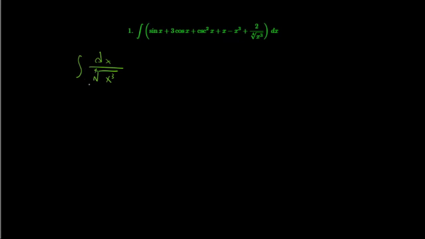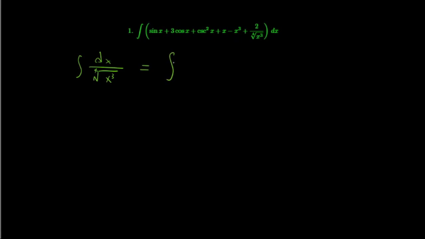The integral is in the nature that we need to use the power rule. The power rule is for handling the indefinite integral of a power function. So before we can use the power rule, we need to convert the integrand, the function, to the form of a power function.